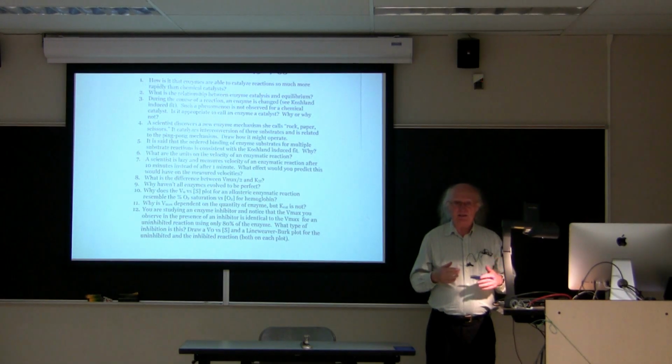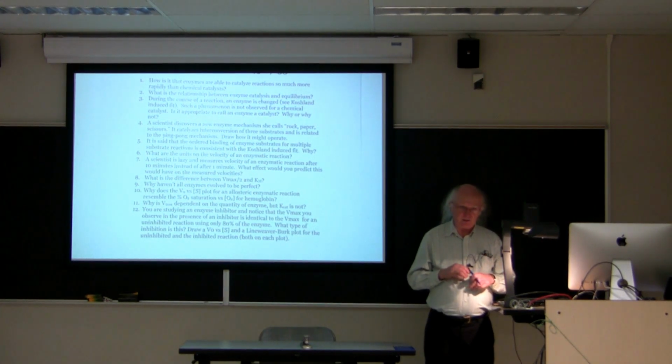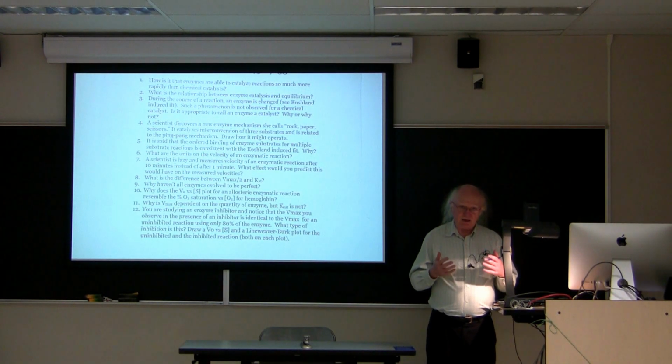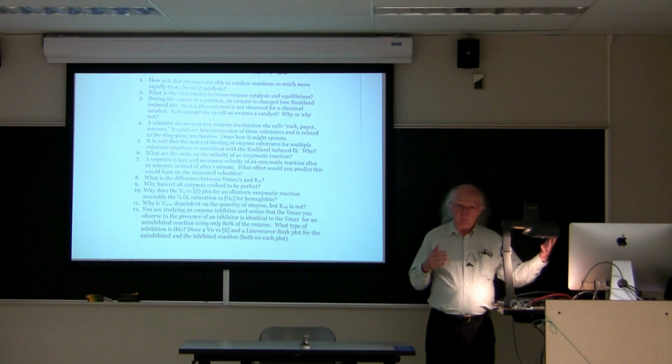Km, on the other hand, is a substrate concentration. We measure it off of the x-axis, and specifically, it is the substrate concentration that gives a reaction velocity of Vmax over 2. Km is not the same as Vmax over 2. We can't say that a gallon of gasoline, which is what powers a car, is equal to 30 miles per hour.